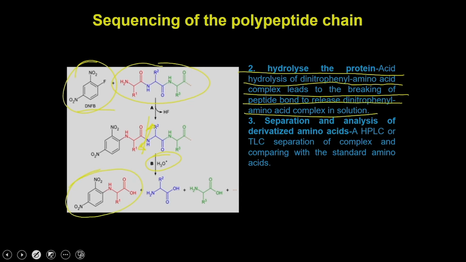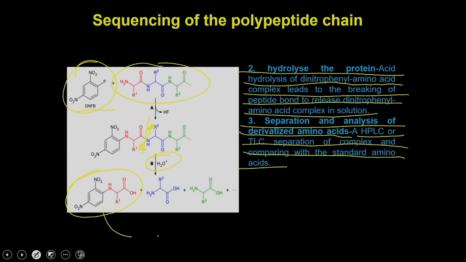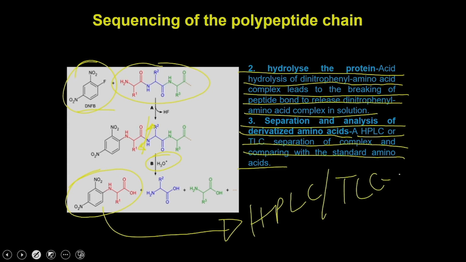Then what you are going to do? You are going to take this whole mixture and do a separation and analysis of the derivative amino acid: HPLC or TLC separation of the complex and comparison with the standard amino acid. Which means you are going to analyze this on HPLC or TLC, and that is going to give you the spot for this particular amino acid.